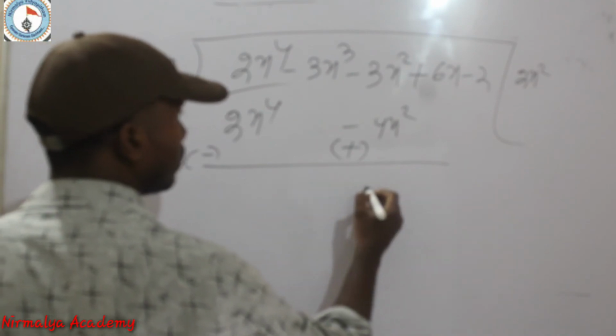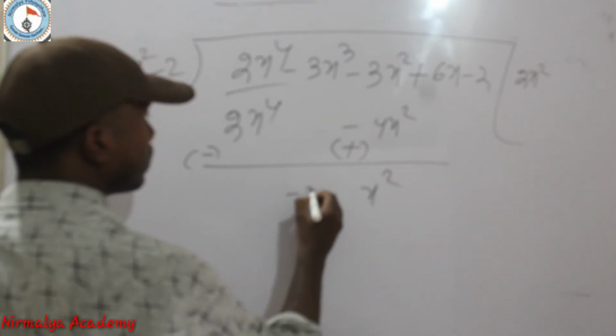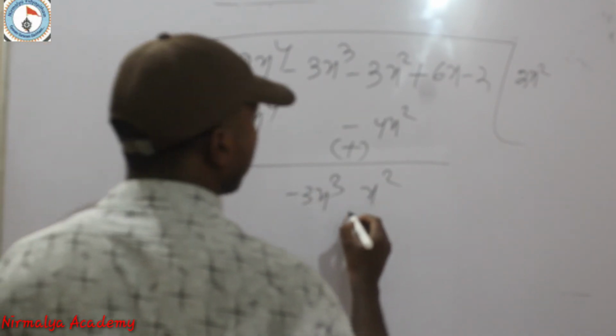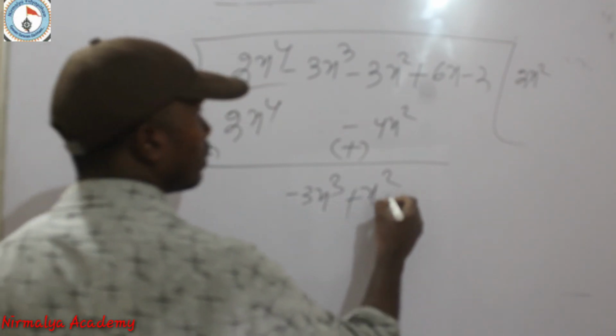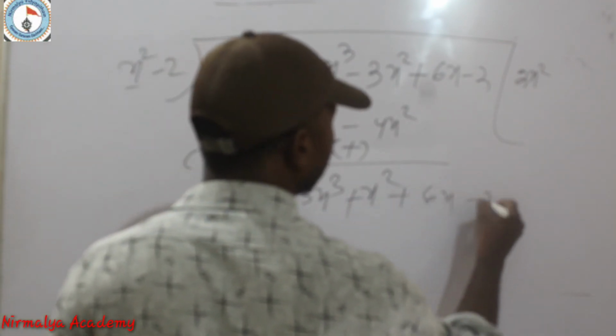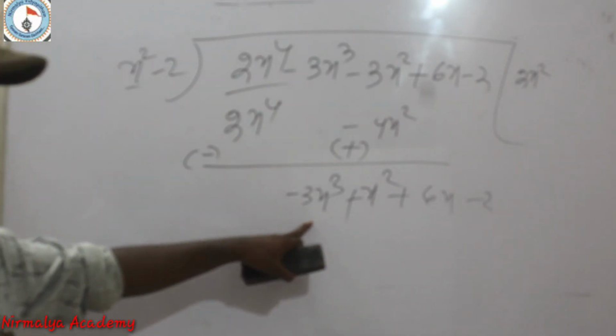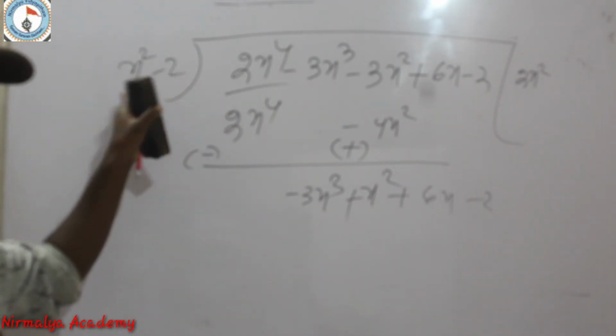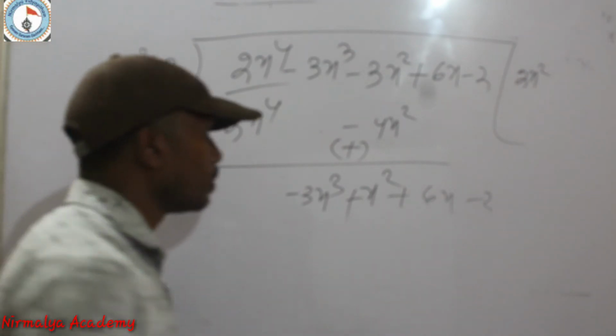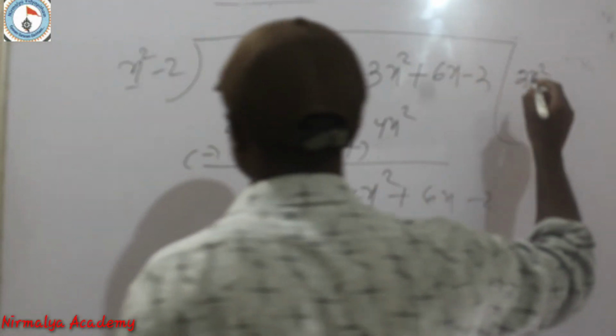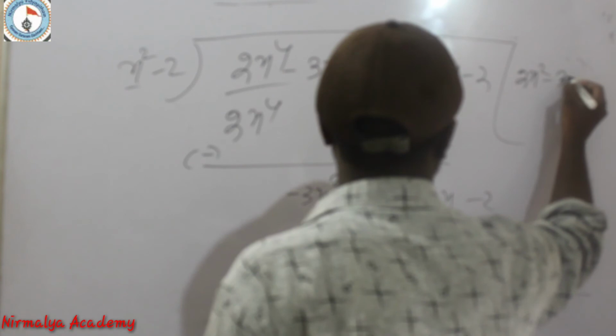So we have minus 3x cube plus x square plus 6x minus 2. Next, the first term is minus 3x cube and the divisor's first term is x square, so the quotient term is minus 3x.